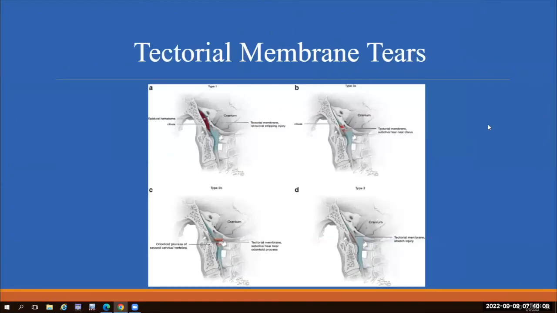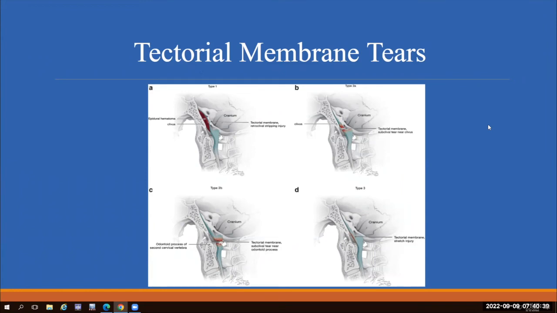So at a level 1 trauma center like University of Florida, and trauma centers around the country in the US, we rely so heavily on CT as an initial screening tool. It's almost automatic that a patient with a bad trauma in the ER is going to get a cervical spine CT, no questions asked. Tectorial membrane tears you're not going to directly see on a CT.